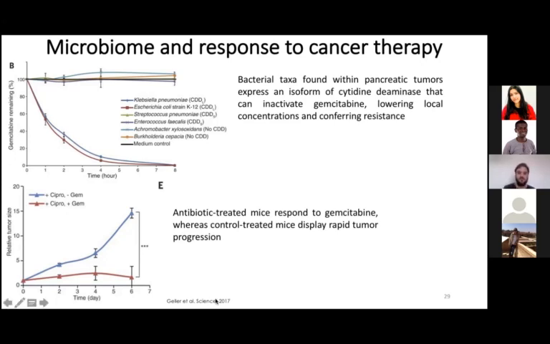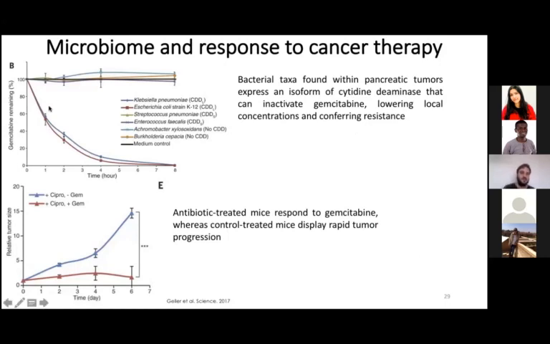So this is, for example, a paper published by Geller in Science 2017, where they found that different taxa within the pancreatic tissue could express an isoform of cytidine deaminase that could then inactivate gemcitabine, which is a chemotherapeutic drug used to treat pancreatic cancer patients. And basically, some of these species could lower the local concentrations and then confer resistance to this particular drug.